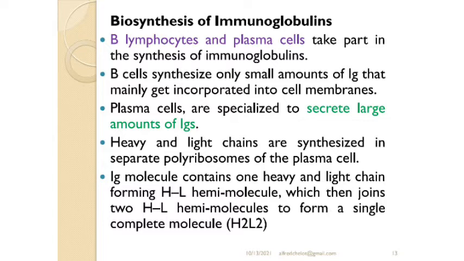But the B cells will only produce small amounts of immunoglobulins that are incorporated into the cell membranes, whereas the plasma cells are the ones specialized to secrete large amounts of immunoglobulins. The heavy and the light chains are synthesized in separate polyribosomes of the plasma cell, and an immunoglobulin molecule will contain one heavy and one light chain forming an HL hemimolecule, which then joins with another HL hemimolecule to form a single complete molecule.